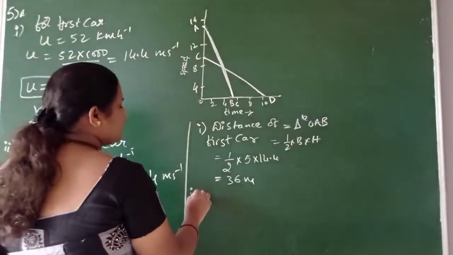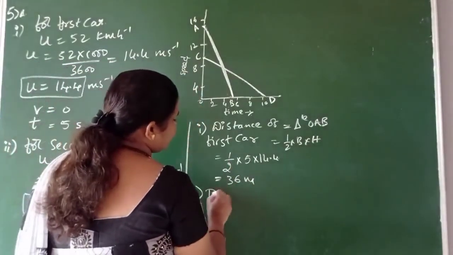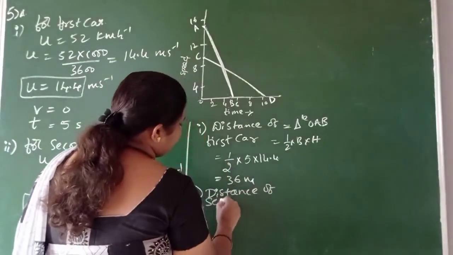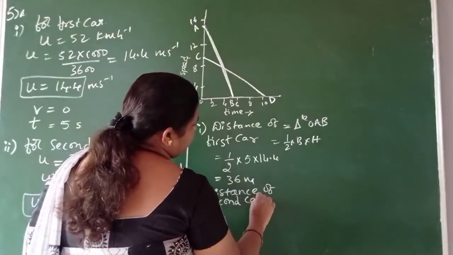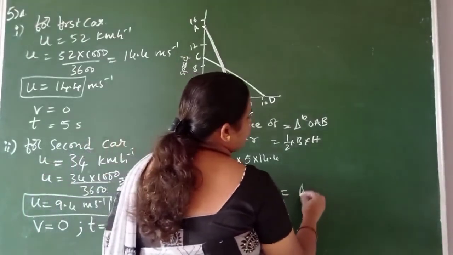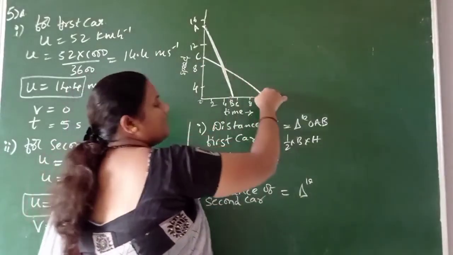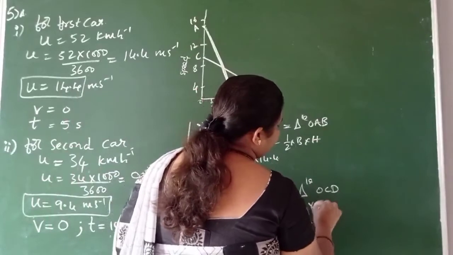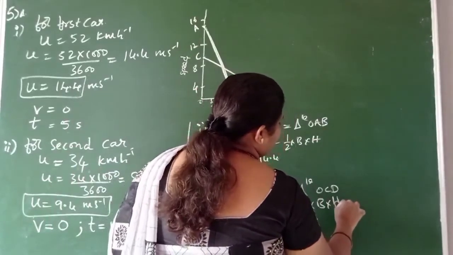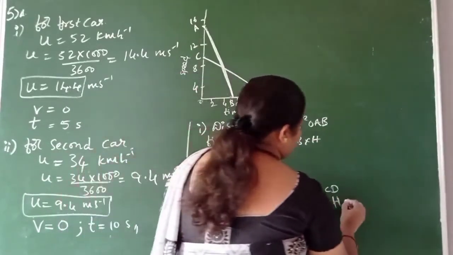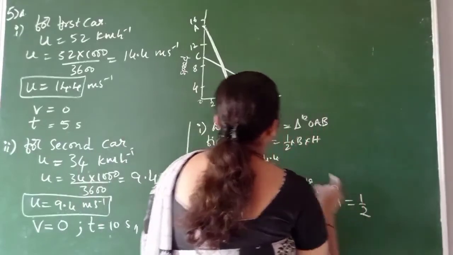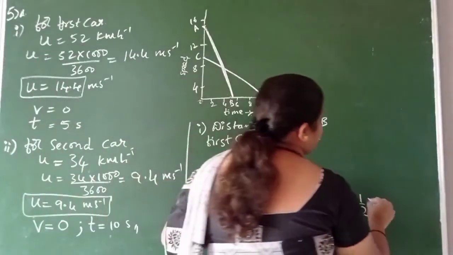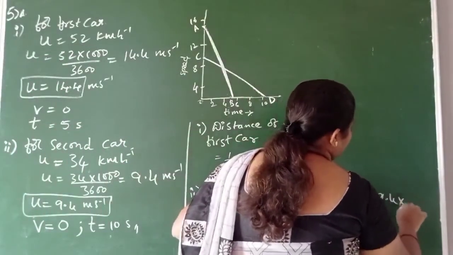And the second part is what? Similarly, calculate the distance of the second car, which is equal to the area of triangle OCD. Once again half into base into height. What is the base value, children, for the second triangle? Yes, here 9.4 into time.